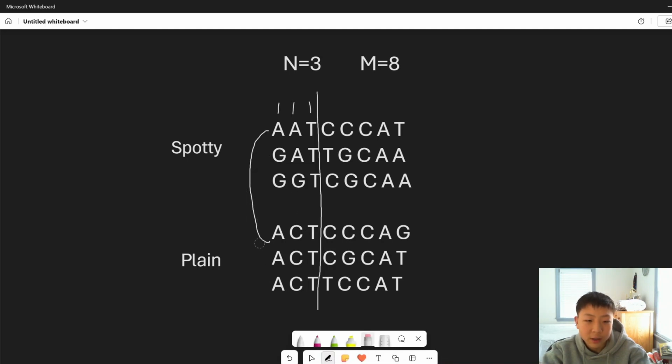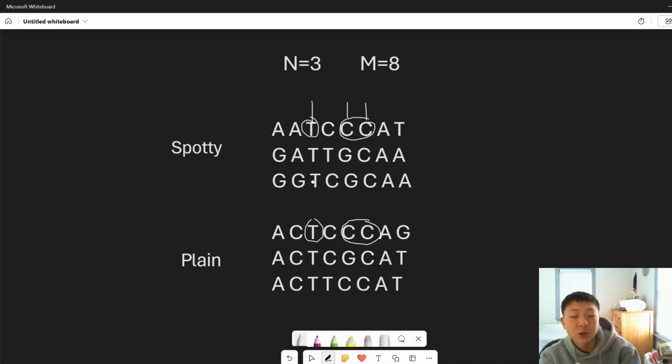Okay, let's look at a different index. Let's look at these 3 indexes over here. So for spotty, we have TCC, TGC, TGC again. Then for plain, we have TCC, TGC, and another TCC. Well, we can see that we have many overlaps in this case, because we have a TCC in a plain and also a TCC in a spotty.